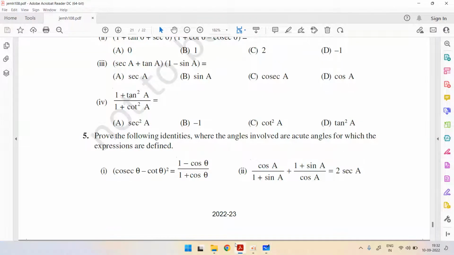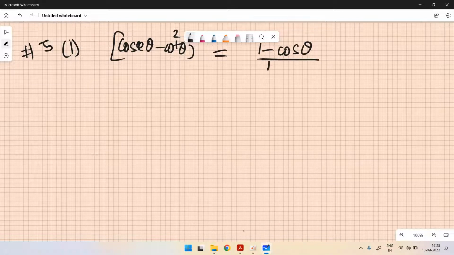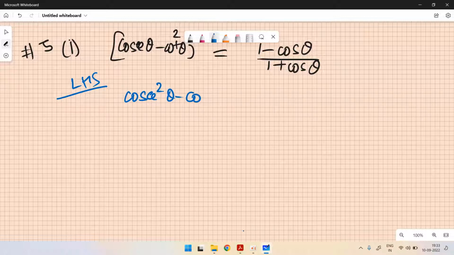This is cosecant theta minus cot theta whole square, and we have to prove that it equals 1 minus cos theta by 1 plus cos theta. I take this by the method of LHS and RHS. LHS is cosecant theta minus cot theta, whole square.